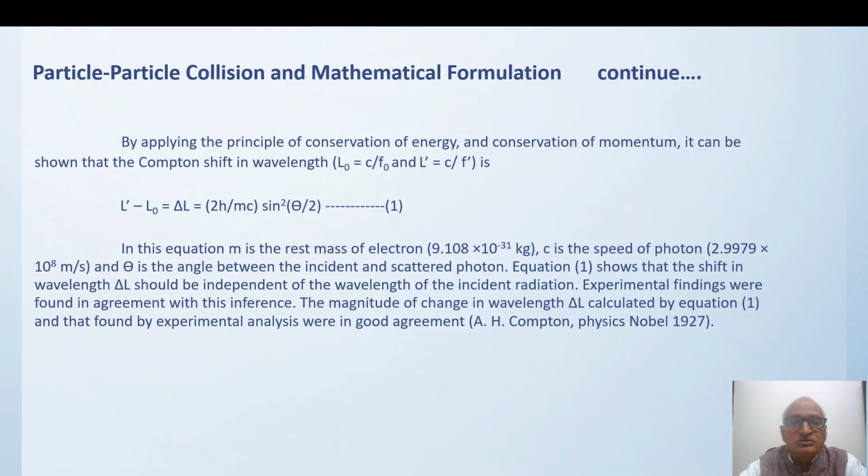Experimental findings were found in agreement with this inference. The magnitude of change in wavelength delta L calculated by equation 1 and that found by experimental analysis were in good agreement. You know, A.H. Compton was a physics Nobel laureate of 1927.